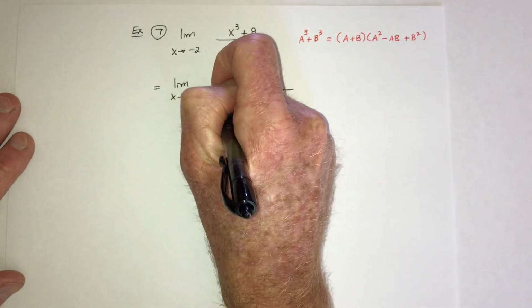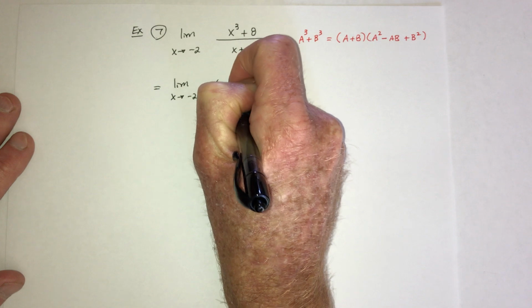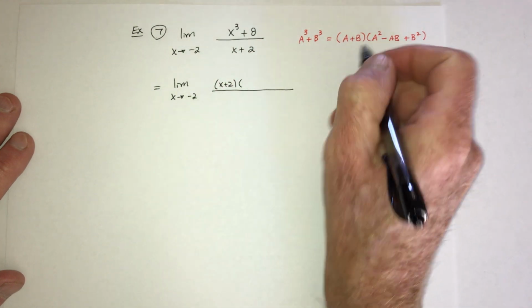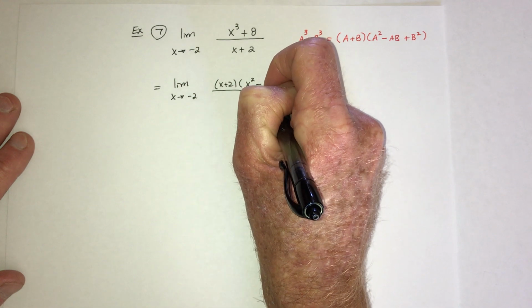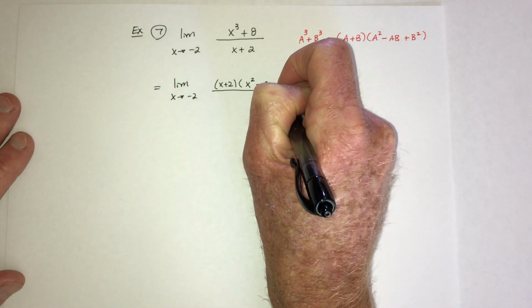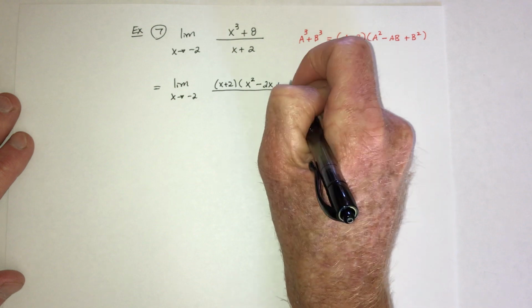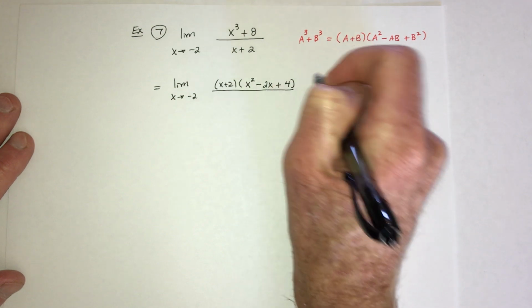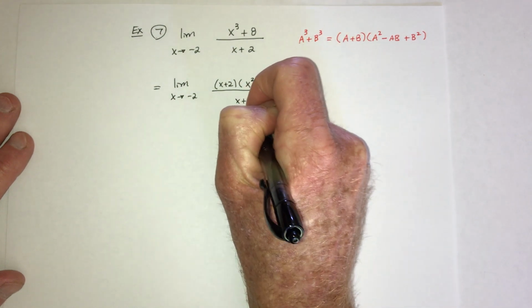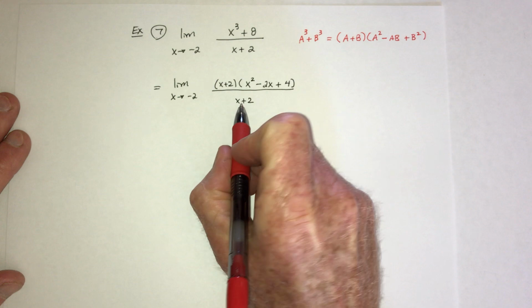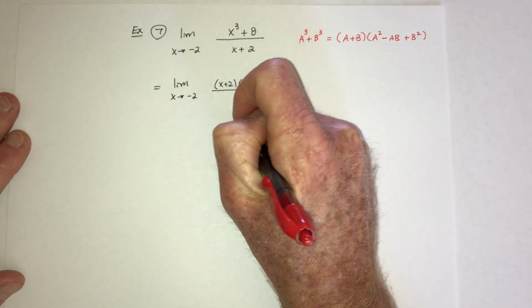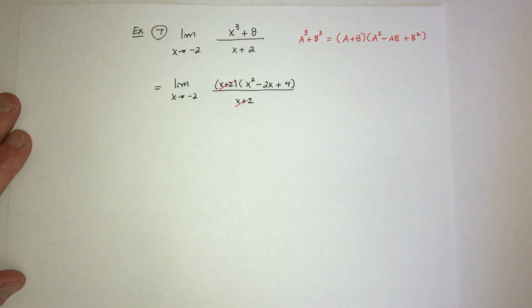So the top gets factored as x plus 2, and then the x gets squared, and then you minus the 2 times the x, and then you square the 2, which will be 4. And as has happened in each and every one of these, this thing which was causing division by 0 gets cancelled.